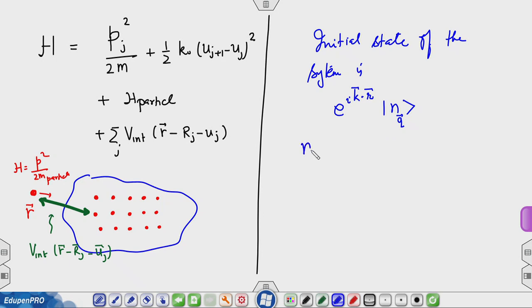So n q is the number of phonons with wave vector q.